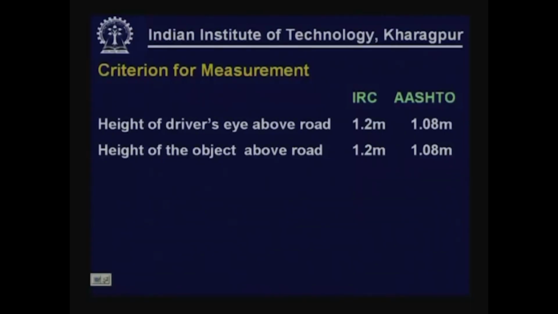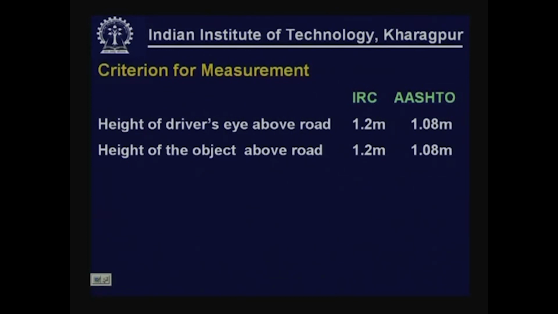So, therefore, the height of driver's eye above road surface and height of object are the same. As per Indian Roads Congress recommendations, it is 1.2 meter. As per AASHTO recommendation, it is 1.08 meter.